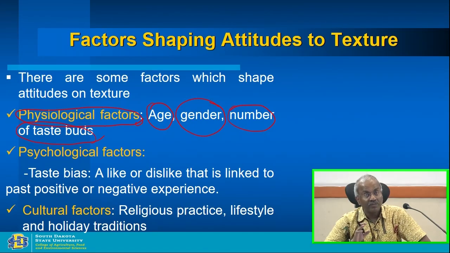If you ask me to be a panelist, I will be the worst panelist, because anything you give me, I will eat it. So that is a bad panelist, right? That's who I am. I cannot really differentiate whether the food is good or bad.